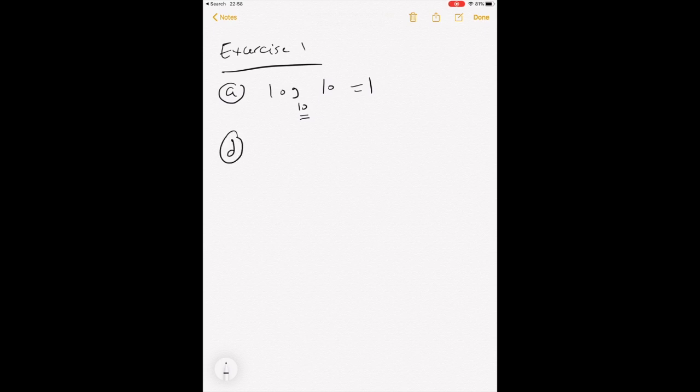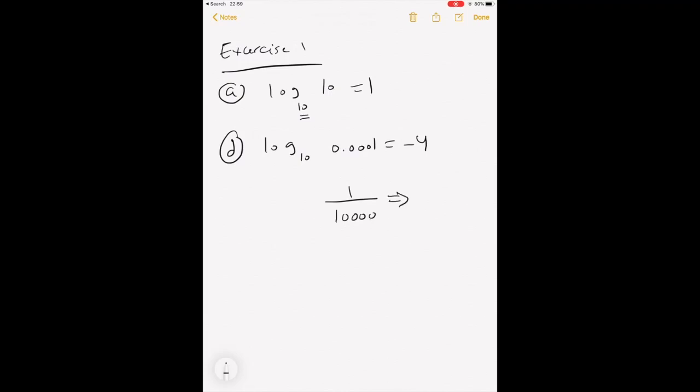So you have d, log again to the base of 10 for 0.0001. That will give you an answer of -4. The reason for that is that it is actually the same as 1 over 10,000, because 1, 2, 3, 4.